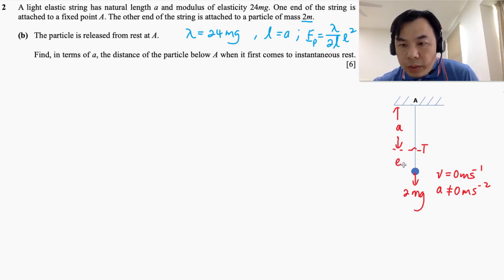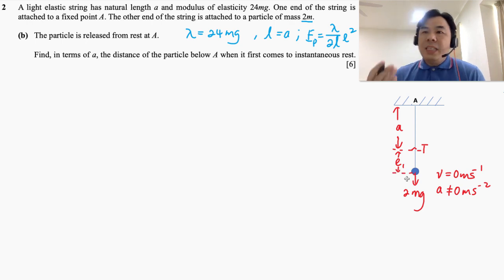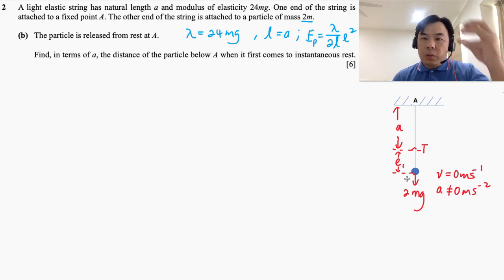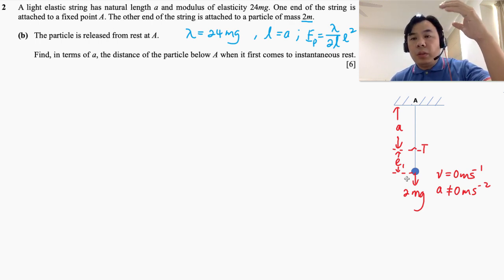Maybe here I'll label it as e1, so that we don't confuse this extension with the previous section 2A extension. This is the new extension when the object was released from position A. It should extend more, of course.